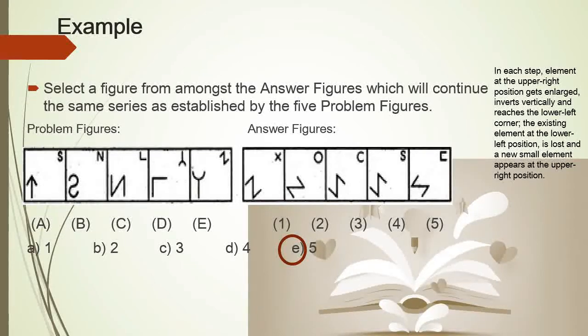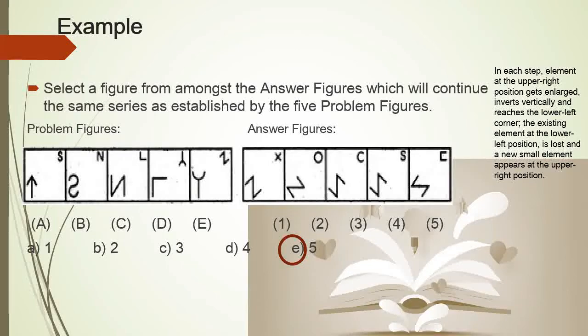If you look at the question figure, it has two symbols, one at the lower left hand and another at the upper right hand. The lower left hand symbol vanishes when it goes to the next step, whereas the upper right hand symbol takes the mirror image and takes its position in the lower left hand when it goes next.